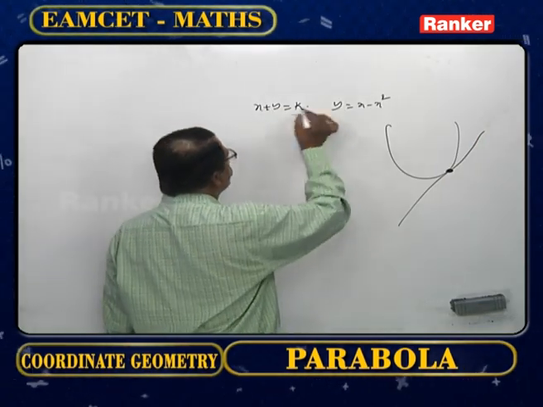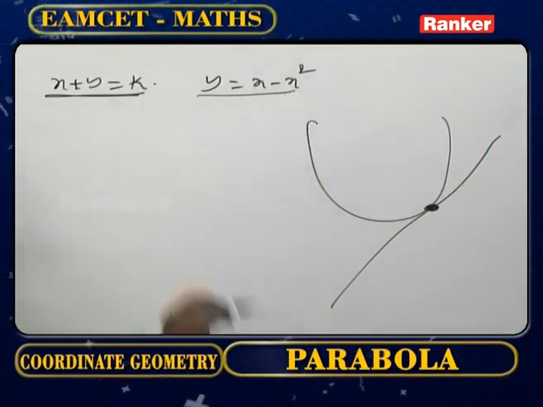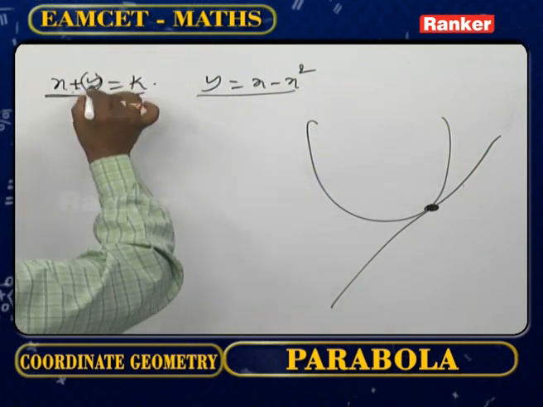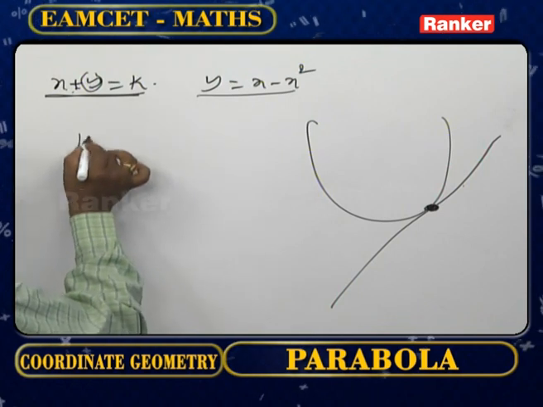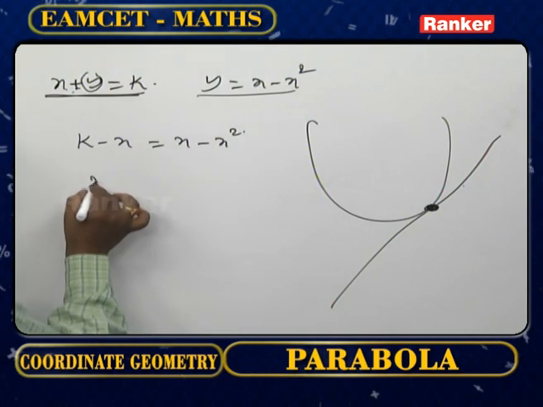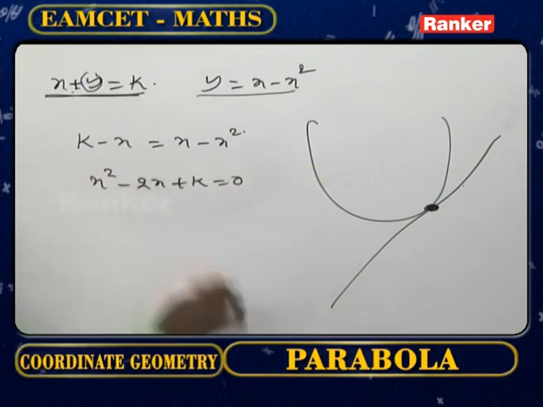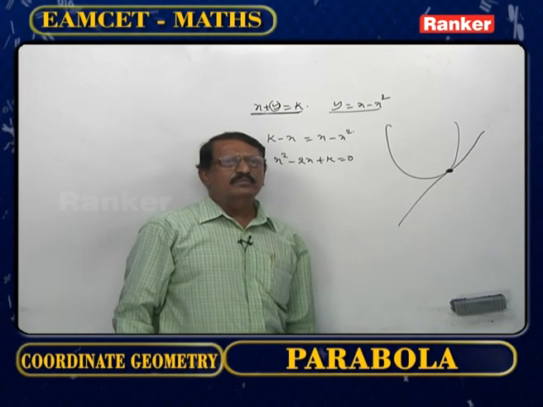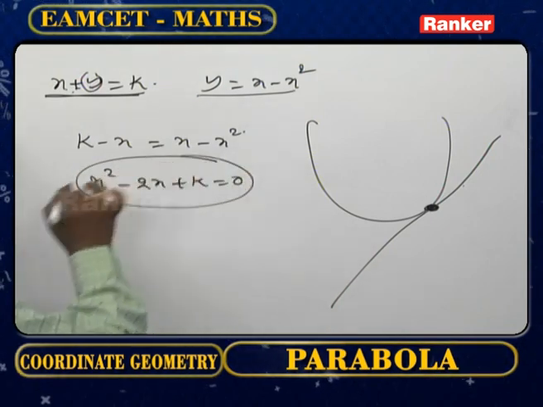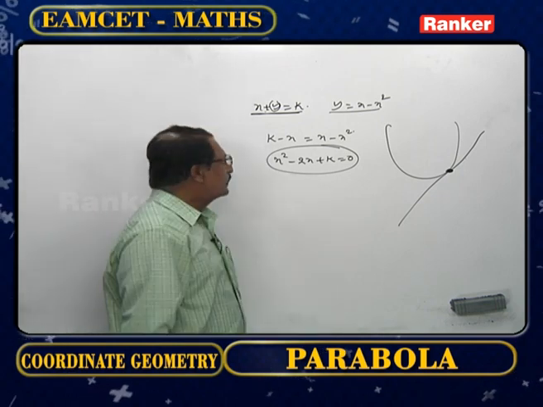Now, the straight line equation and the curve equation have only one common point. Now, eliminating y from the two equations, k minus x equals x minus x square. Now, x square minus 2x plus k equals 0. Now, the curve and straight line have only one common root, so the roots of the quadratic equation must be equal.